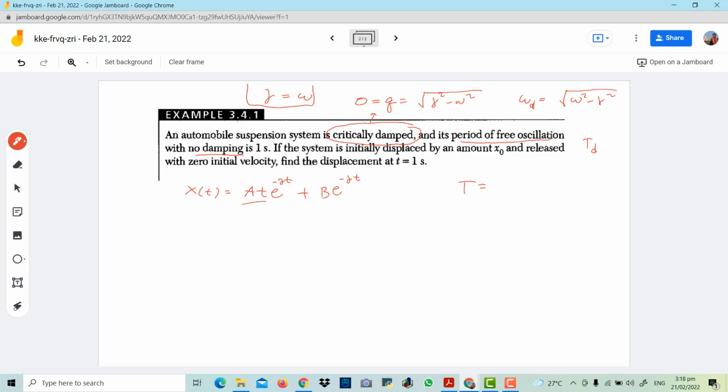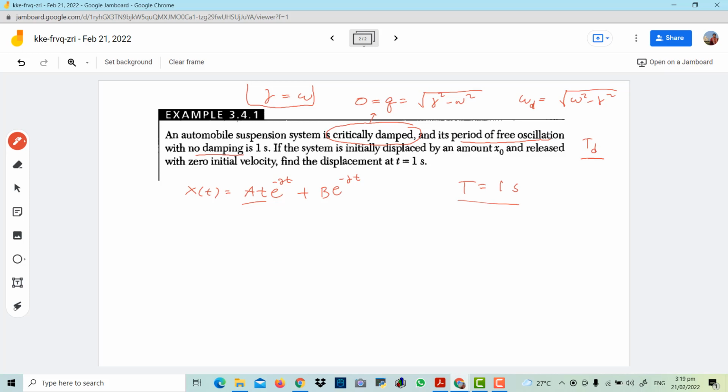With damping, the period changes, right? I think with a damping factor, the period is less than the period without damping. Okay? So given is that the period with no damping is equal to 1 second. Again, there's a difference between the T and the TD. TD means period with damping, while T is just period without damping.